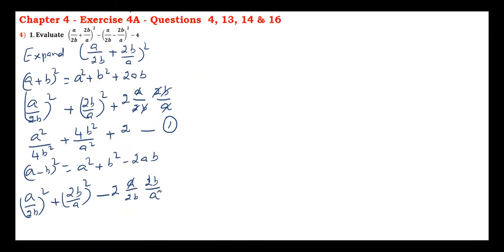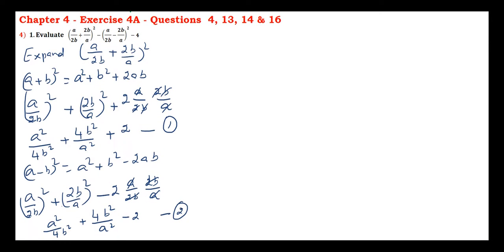Here also we can cancel, 2b will be cancelled. So a²/4b² + 4b²/a² − 2.